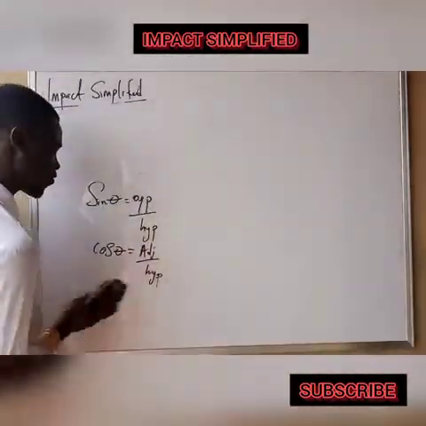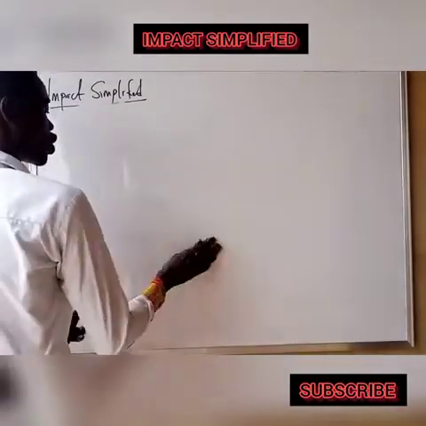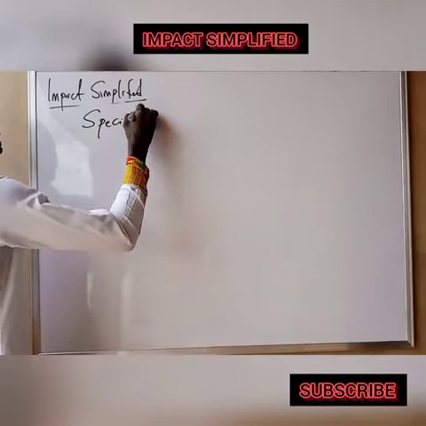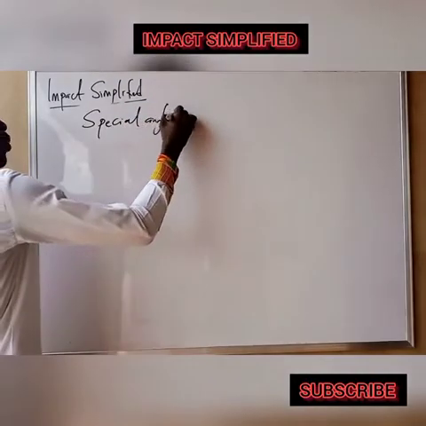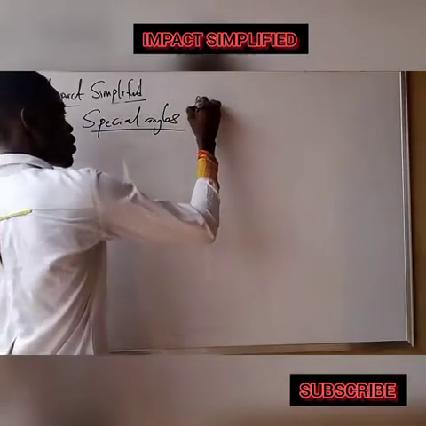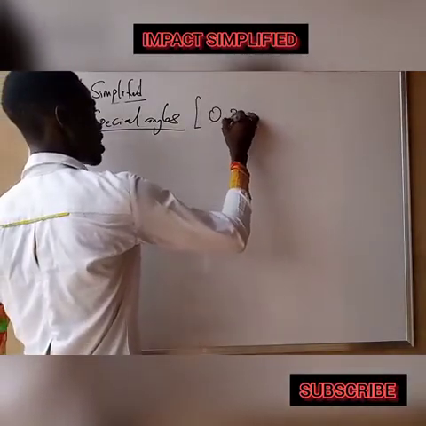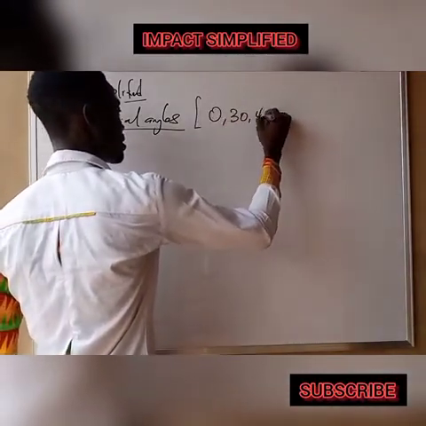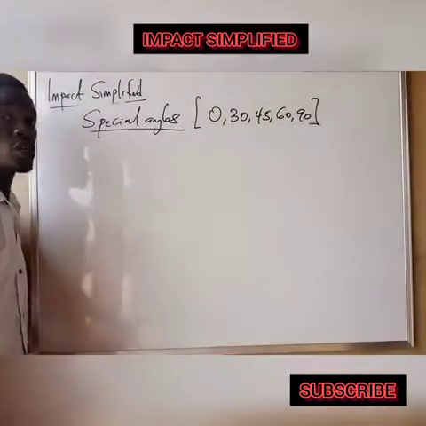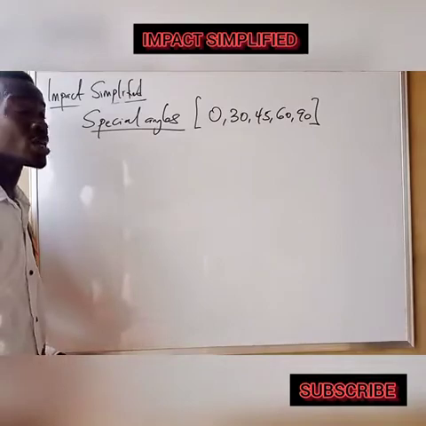Now, before we proceed, we also want to look at what we term as the special angles. We have 5 types of special angles in mathematics, angles that we cannot do without.